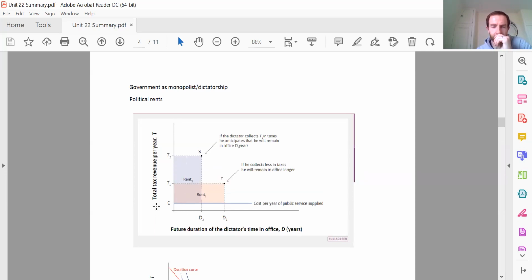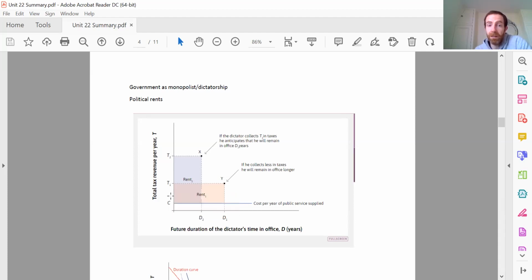If the dictator decides to have total tax revenue per year of T2, when the cost to provide public services per year is C, then that gap between T2 and C, so T2 minus C, represents the political rent to the dictator, right?